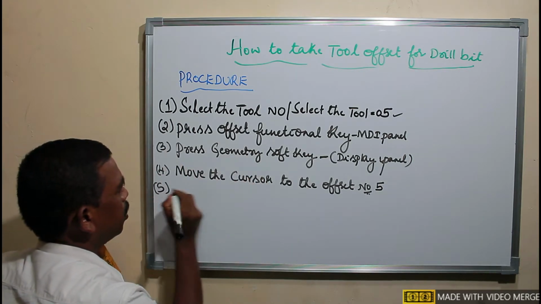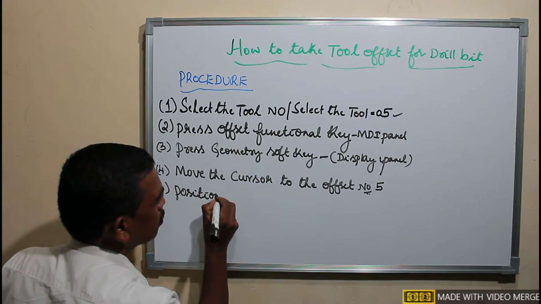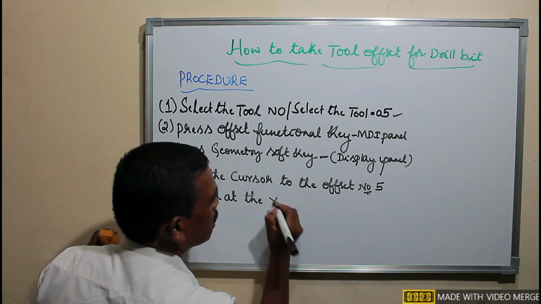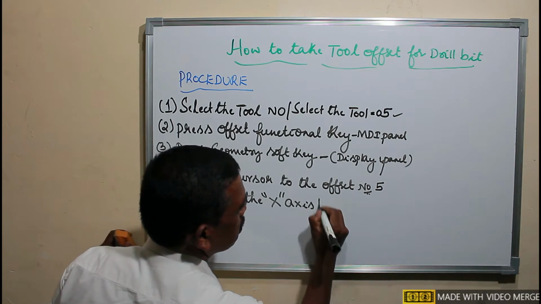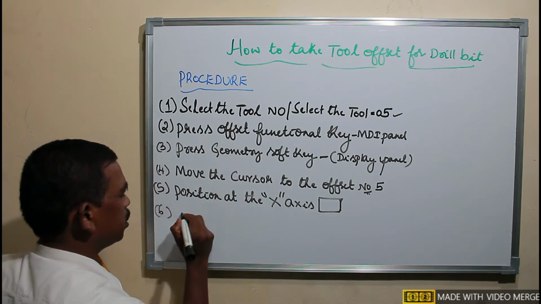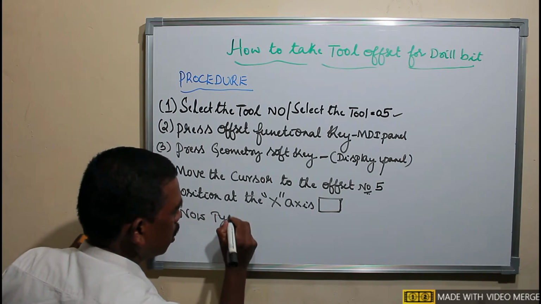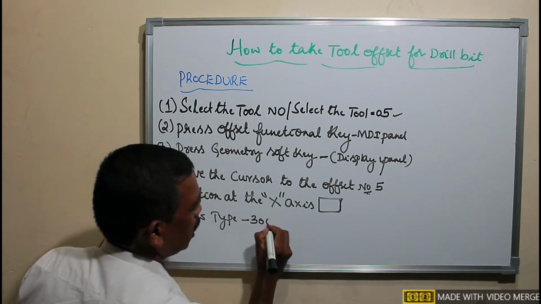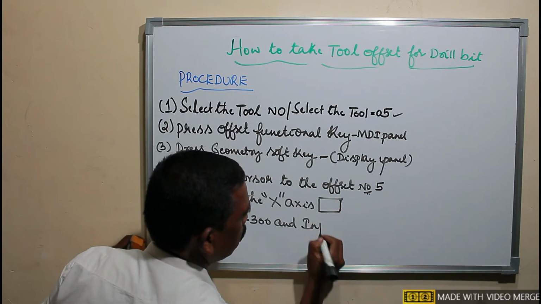And then position at the x-axis. Sixth one is, now type minus 300 and input.